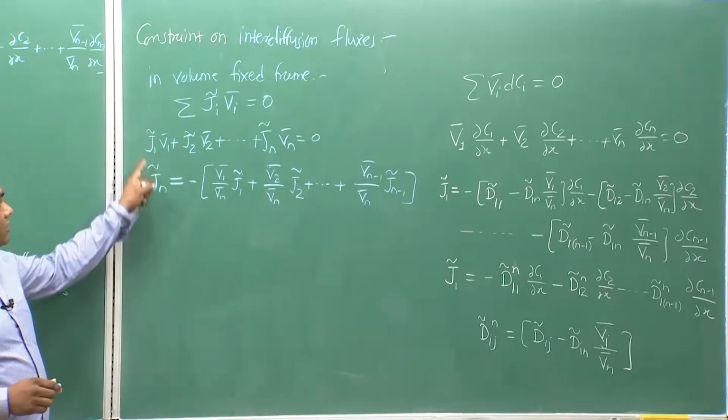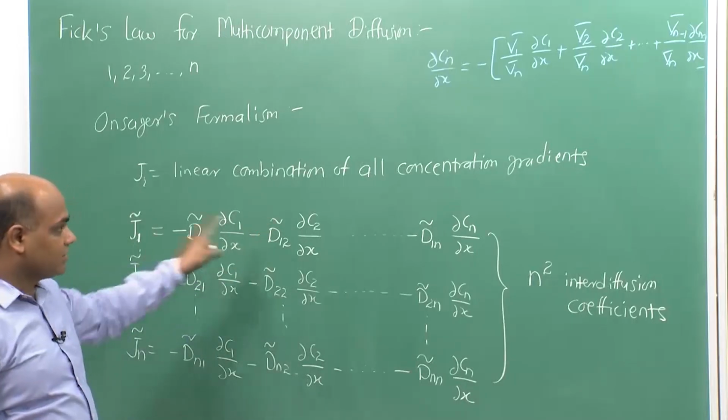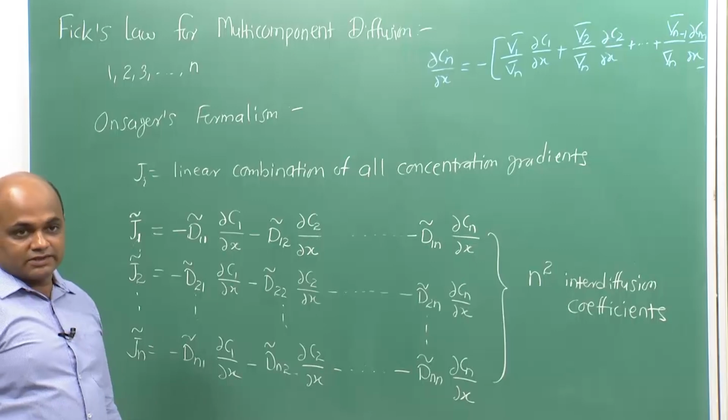So, again not all n fluxes are independent. The nth one is dependent, only n minus 1 independent fluxes.